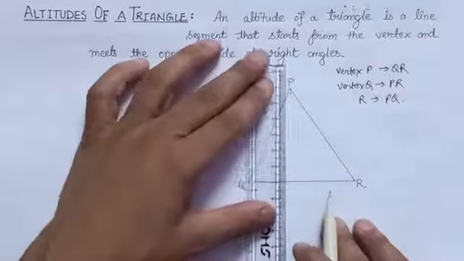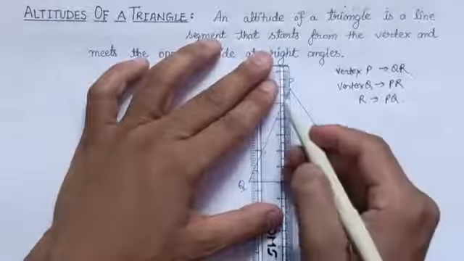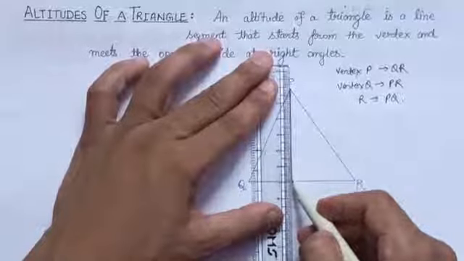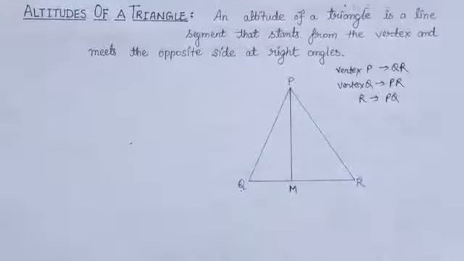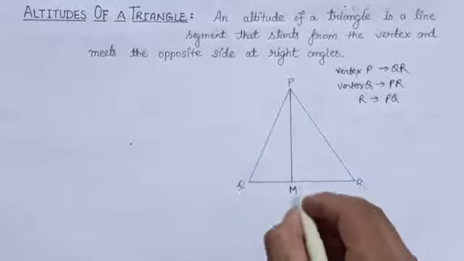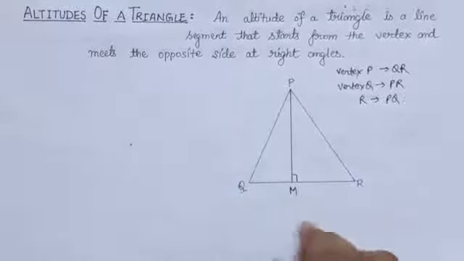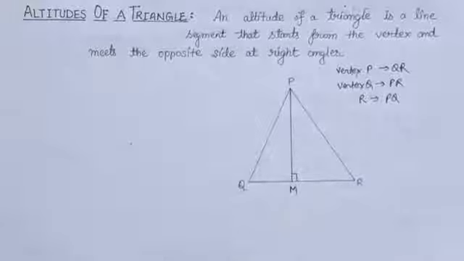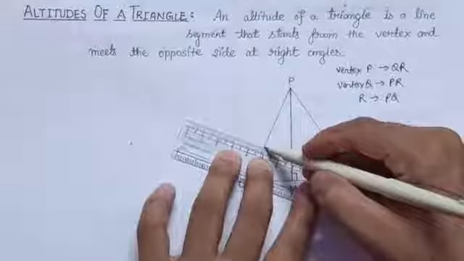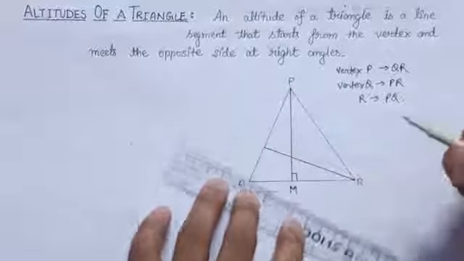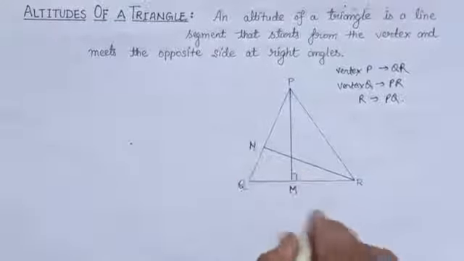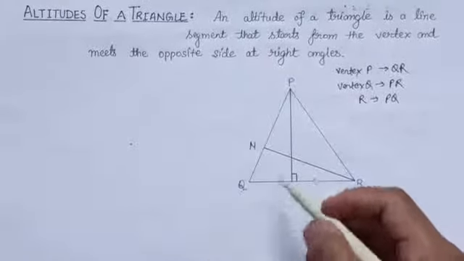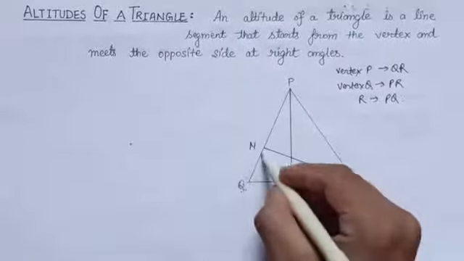So let us see. Here you can see that PM is the line segment which meets the side QR at right angle. In the same way, we can draw another. So here you can see that RN is a line segment which meets the side PQ at right angle.